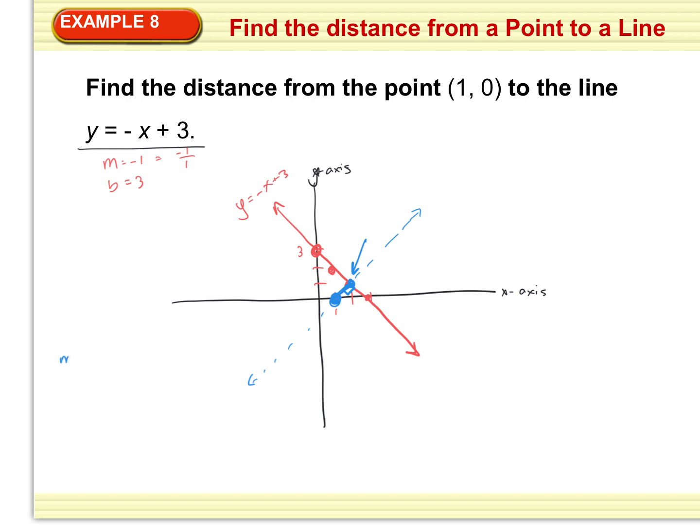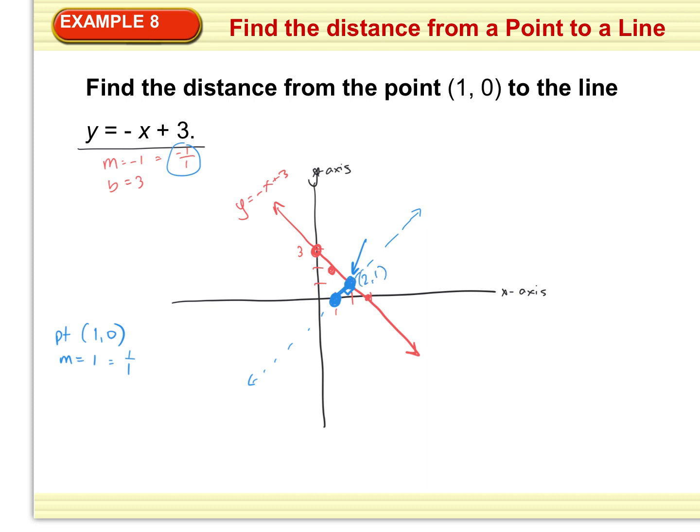So that line goes through point (1, 0). And it's going to have a slope that is the opposite reciprocal of this one. So the slope of my line is going to be a positive 1, or 1 over 1. So if I start at (1, 0), then if I go up 1 and over 1 here, I'm going to get to probably (2, 1).